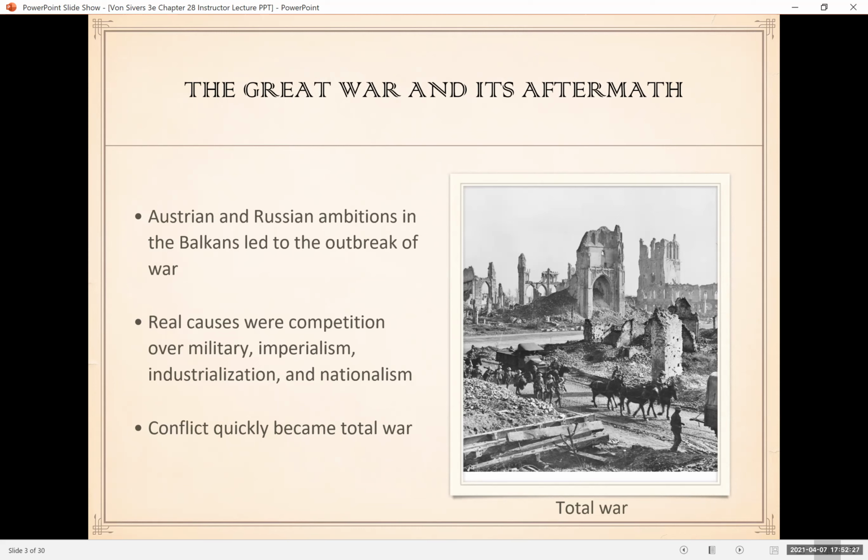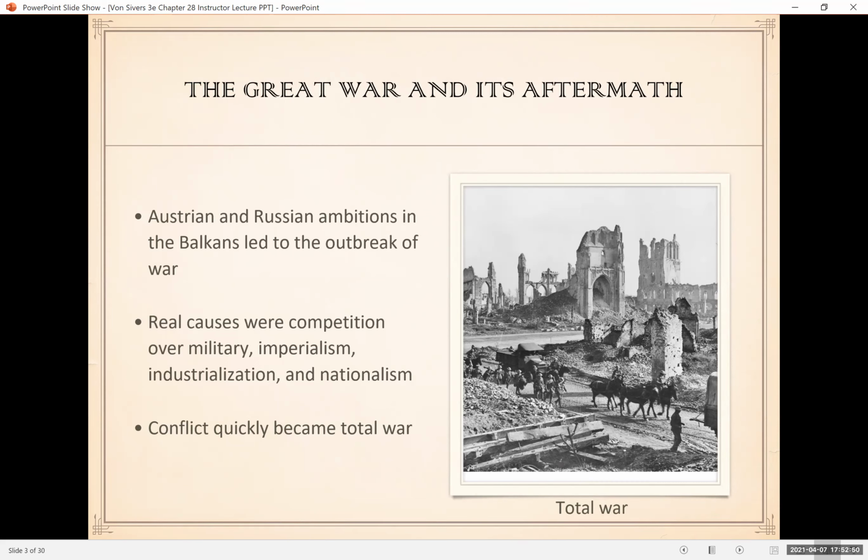Basically, the entire economy and government of each of the nations fighting the war, everything was geared to fighting the war. All of the factories were turned into munitions makers or making all the things that were needed in the trenches.